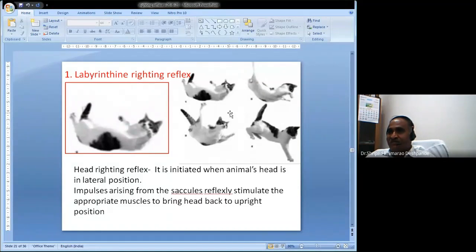Impulses arising from the saccules reflexly stimulate appropriate muscles to move the neck muscles and, to an extent, the body position. The neck is moving, the body is moving, the limbs are also moving, but not in a coordinated manner. This is the first thing that happens: the labyrinthine is activated.